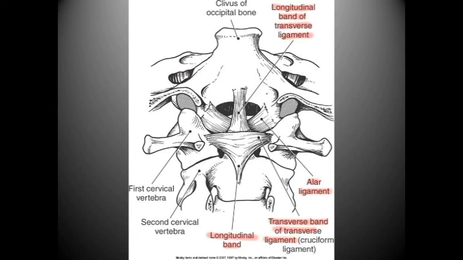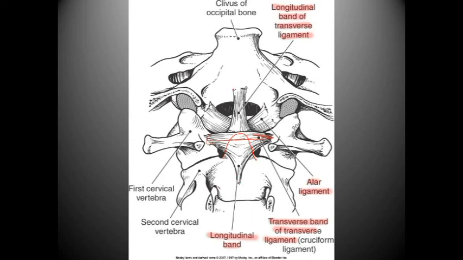Here we kind of see how everything is actually laid out. We have the transverse ligament, and because of this, we're looking at this from a PA perspective. We have the odontoid process sitting inside.